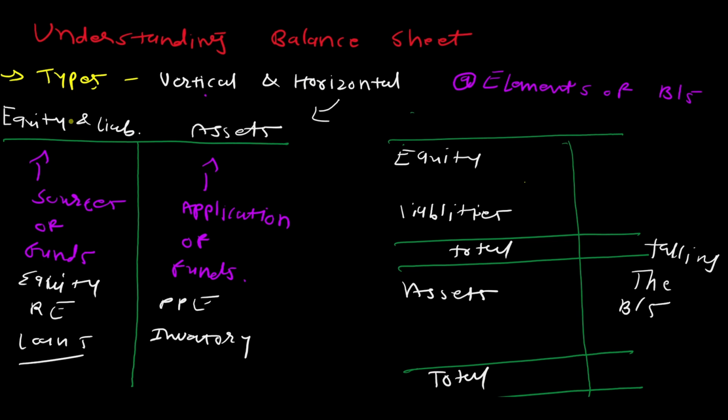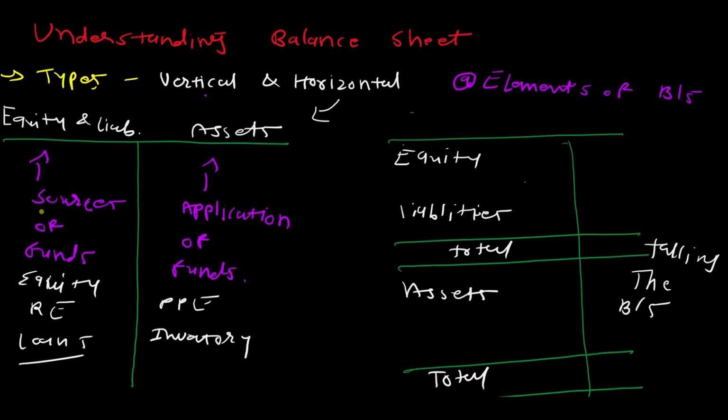And here is the horizontal format of the balance sheet. The right hand side is the asset and the left hand side is the equity and liability. So basically the equity and liability components are called the sources of funds, and this is the application of funds.